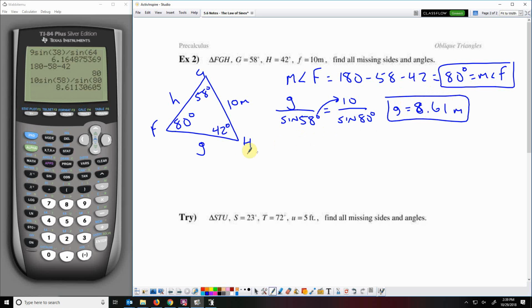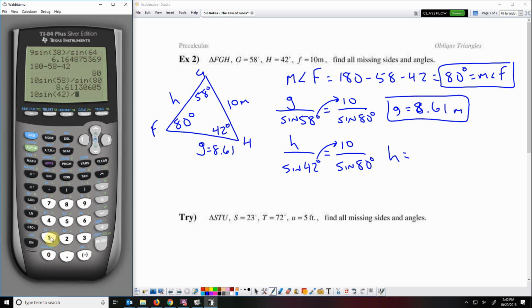Then I can do H over sine 42 equals 10 over sine 80. Okay, so I need to multiply it across. 10 times sine of 42 divided by sine 80. 6.79.